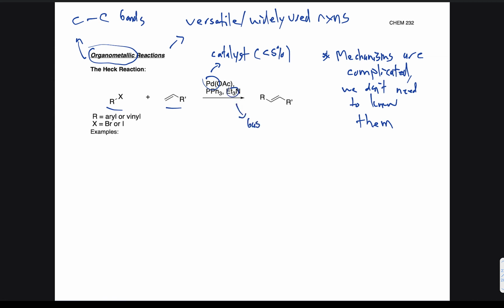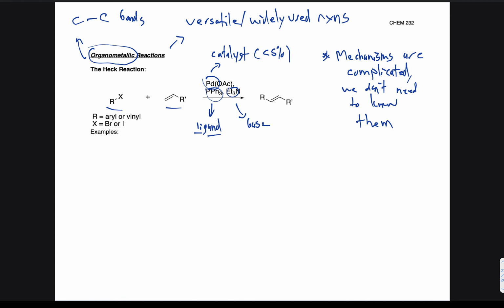We have a base, which just helps to promote the reaction, and then we have something called a ligand, which I won't go into great detail about, but a ligand is essentially a thing that will coordinate with the metal and help this sort of metal shuffling going on that gets our two components here to connect to each other.